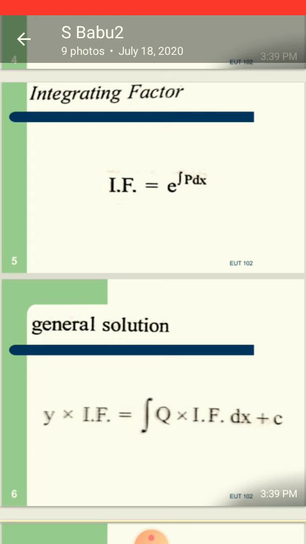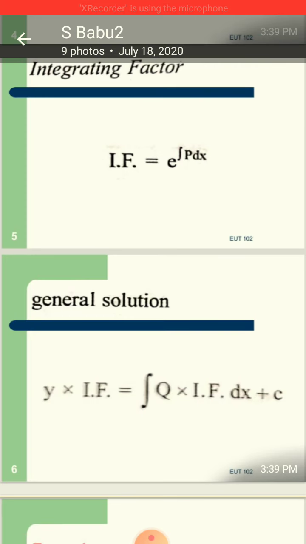So, what is the definition of integrating factor? The definition is given like this. Firstly, we have a linear differential equation in the form of dy by dx plus capital P y is equal to capital Q, where P and Q are functions of x, x is the independent variable, y is the dependent variable.